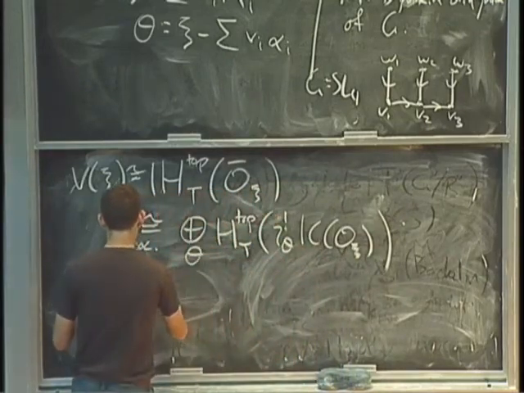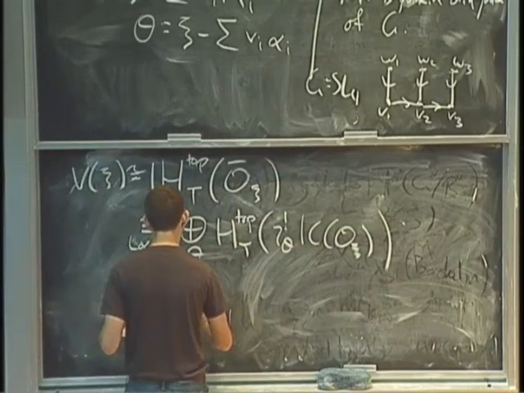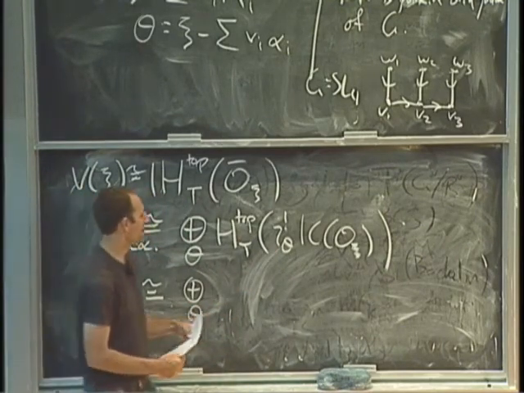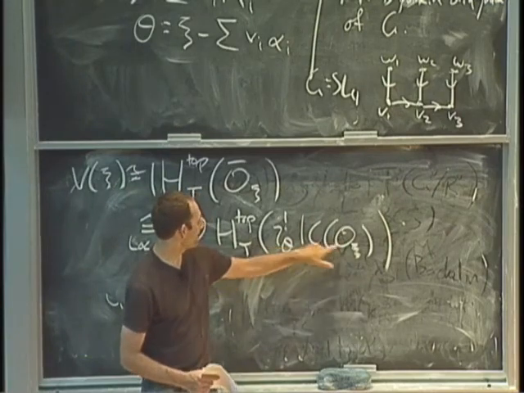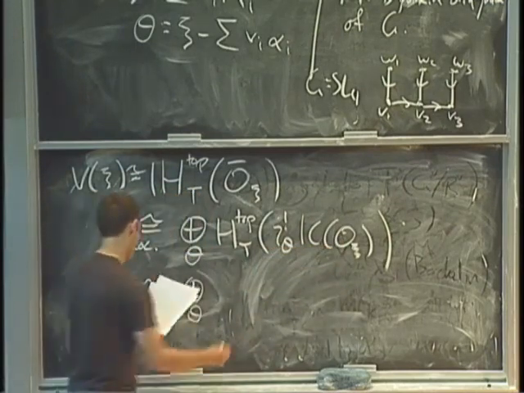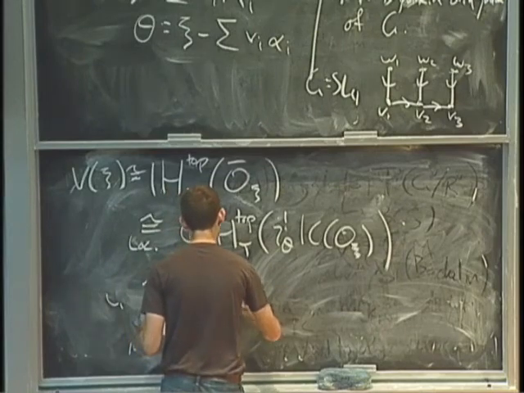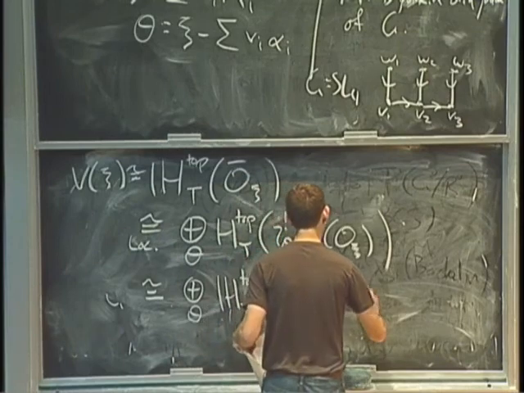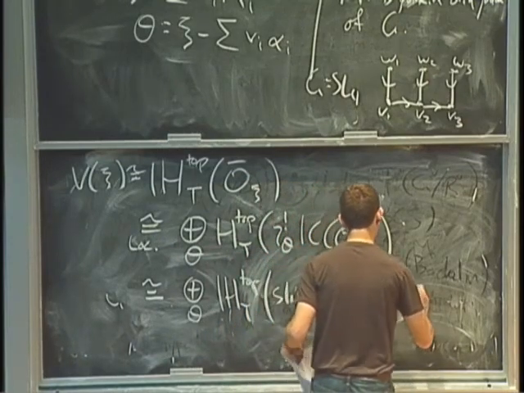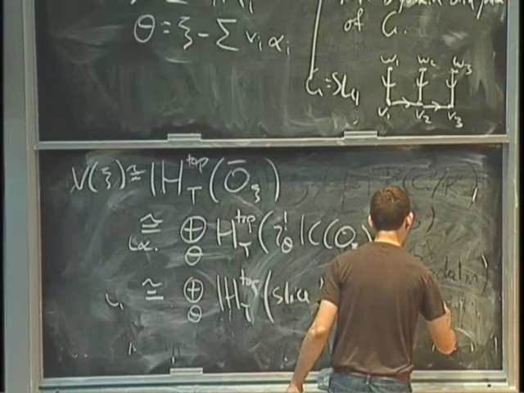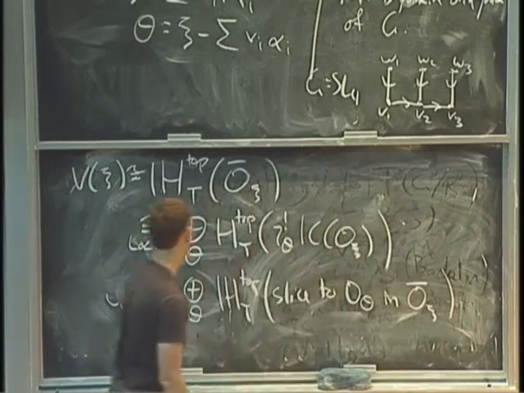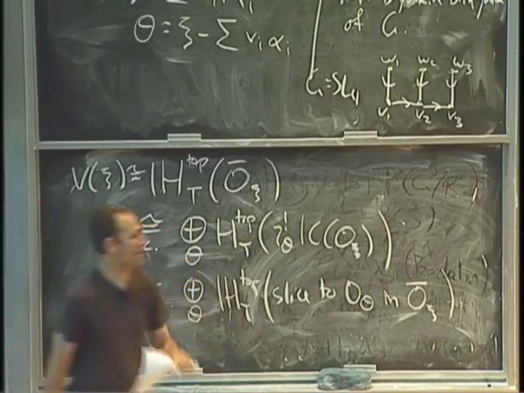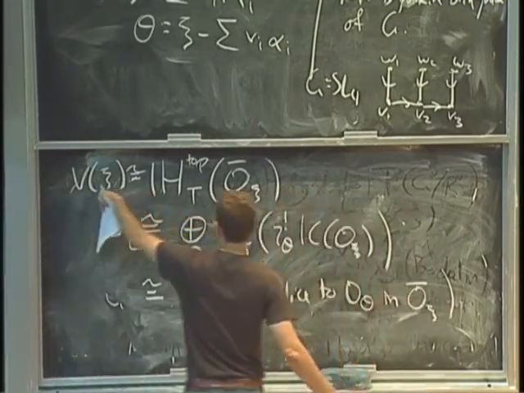And this is now isomorphic to the direct sum over theta. Well, this group is exactly the intersection cohomology group of a slice to the theta orbit inside of the Xi orbit. So this is IH_T top of the slice to O theta in O Xi bar. And of course, this direct sum over theta is supposed to be compatible with the direct sum decomposition of this group over theta.